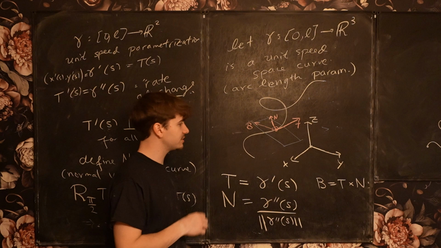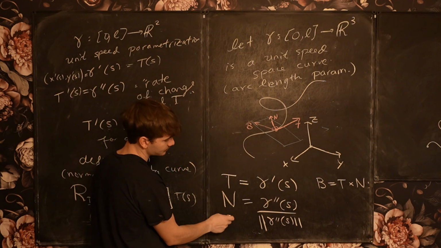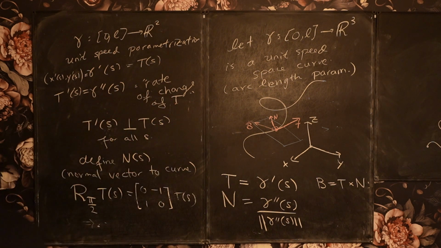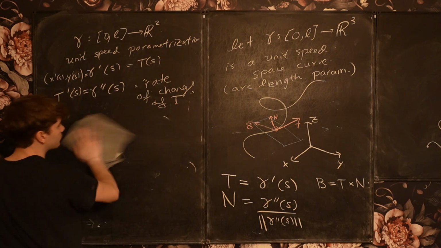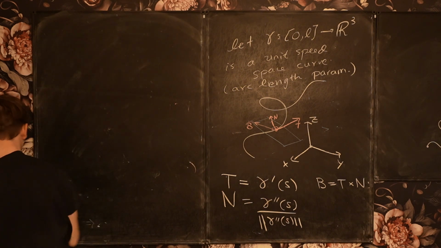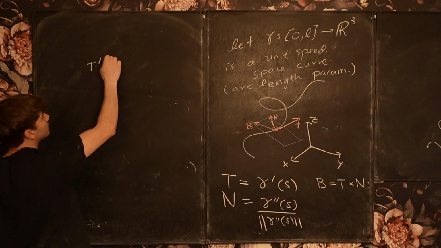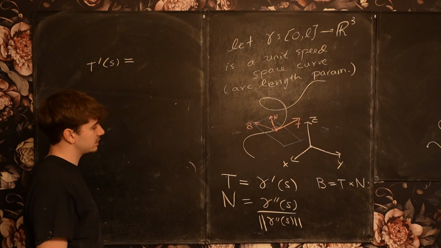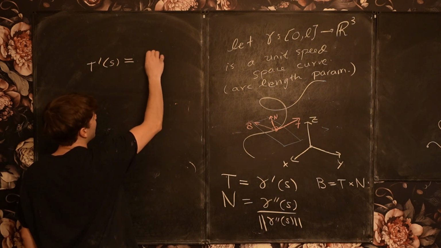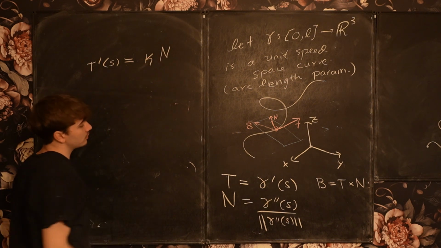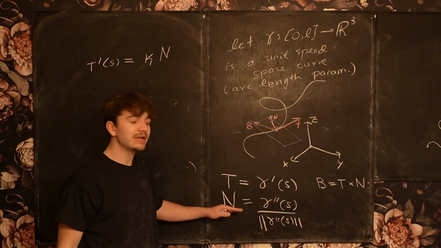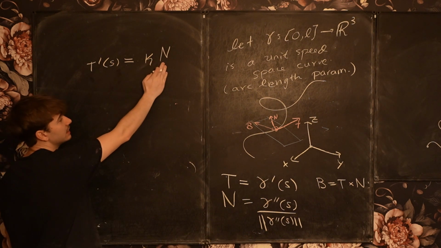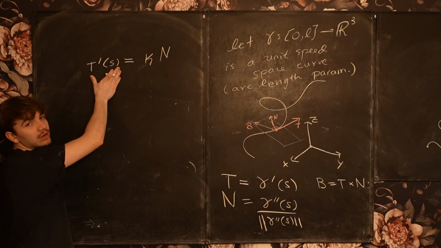The curvature of the space curve is actually just the magnitude of T prime of S. T prime of S is going to be in the direction of this normal vector, and we define it to be kappa times N. It's definitely in the direction of the normal vector, because that's how we defined the normal vector: N is the direction of T prime of S by definition.